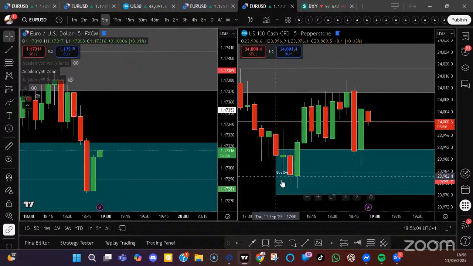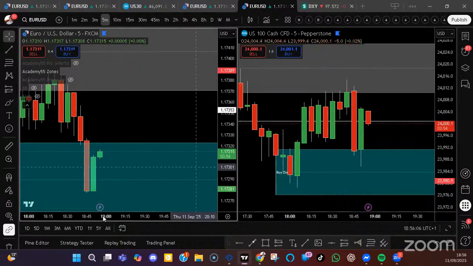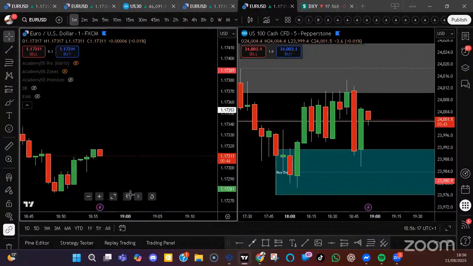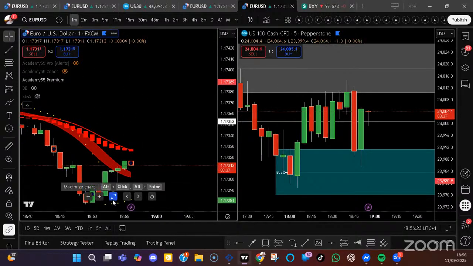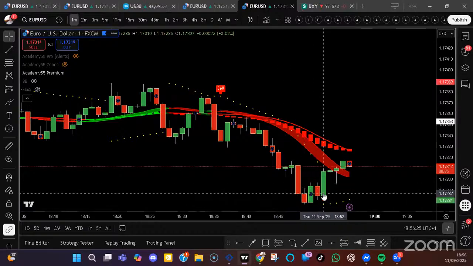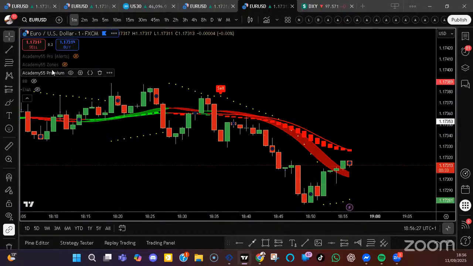So at this moment in time, things aren't going that well, because if we go, for example, on the EUR USD on the 1-minute time frame, put the indicators on, you can see we were in the buy zone, so naturally we would be assuming a buy to take place.